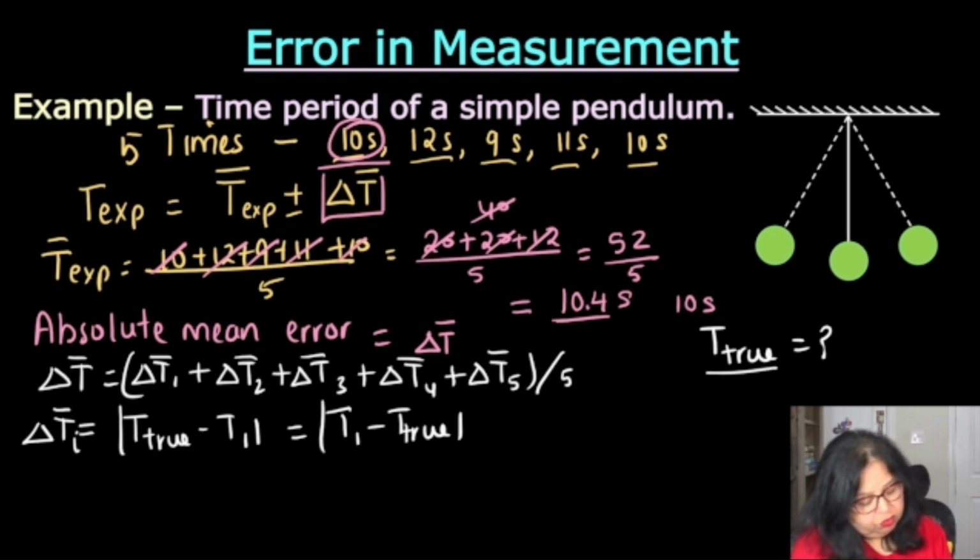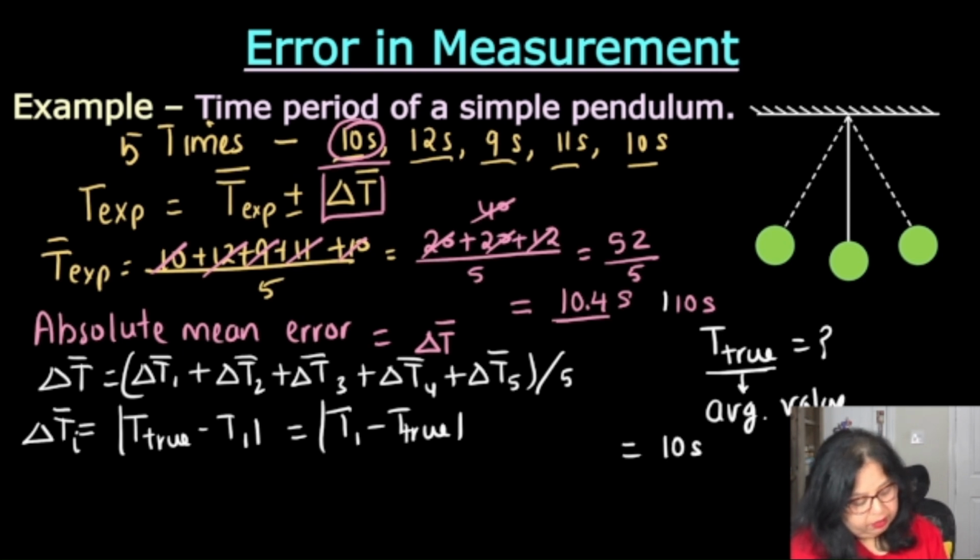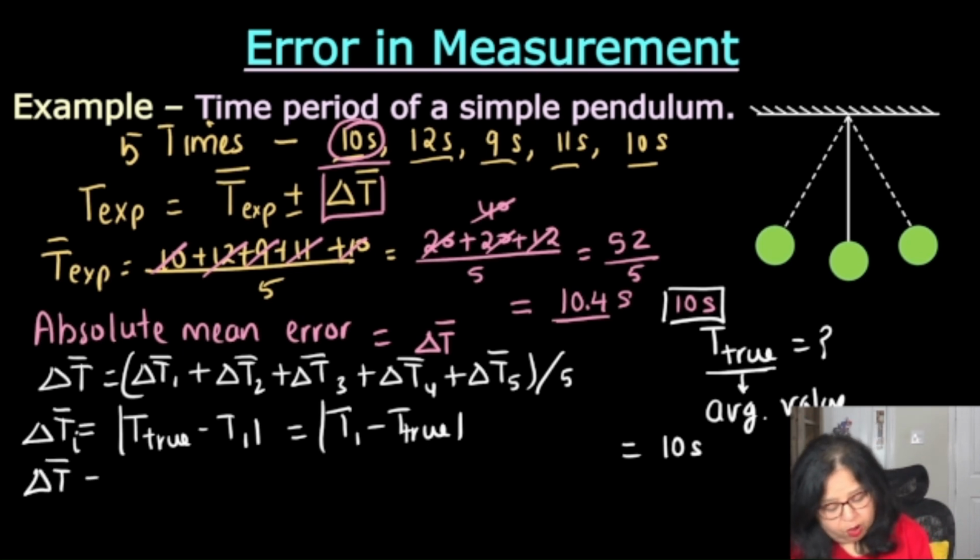So in this case, the true value is the average value, which is equal to 10 seconds up here. Okay. So let's go ahead and figure out delta t bar. That's going to be delta t1 bar.